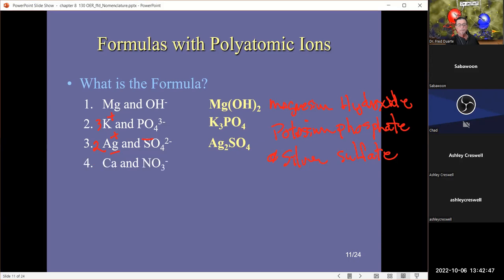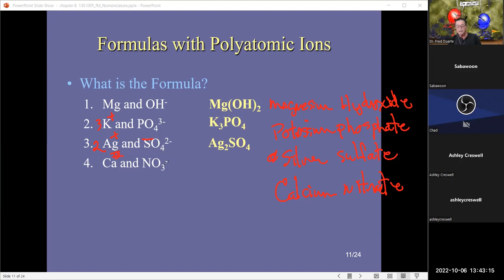Okay, here we go. We have calcium, and then we have, I'm writing the name as we go along, calcium nitrate. Okay, check your polyatomic ion table, you see it. Nitrate, not nitride, nitrate, because you got nitrogen bonded to oxygen. Okay, calcium has a +2.